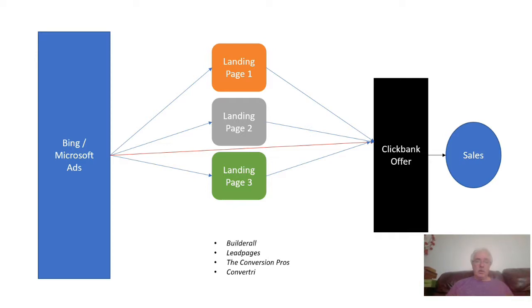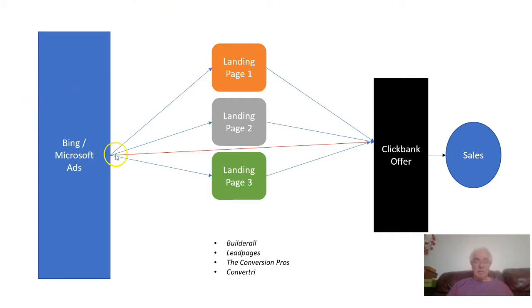So what you want to do is create some Bing ads. You then want to send that traffic to 1, 2, 3 landing pages to do some split testing, to see which ones are working.